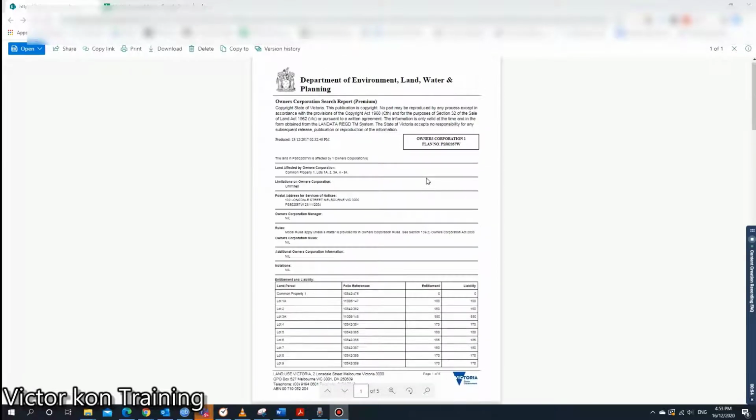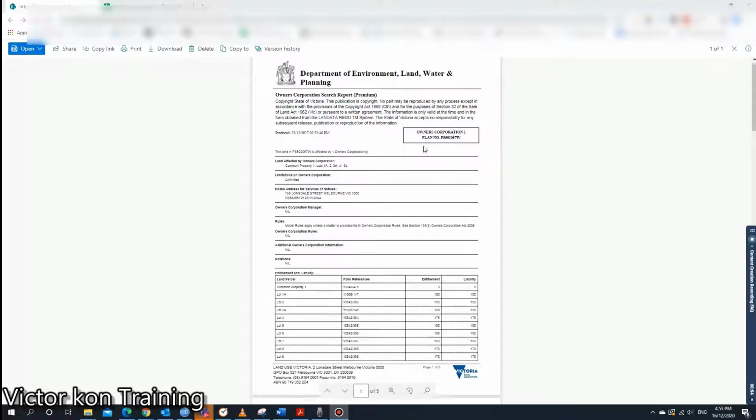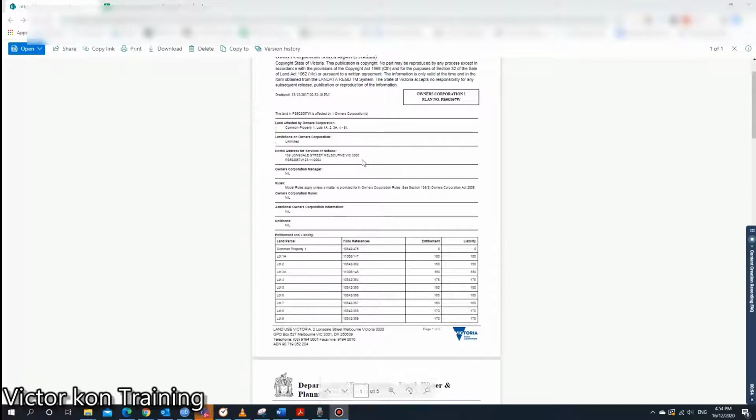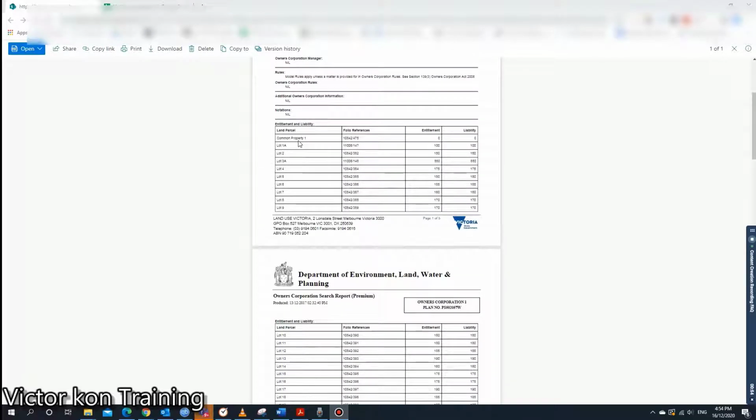So it will look exactly like this. Your owner's corporation number will be printed here. The address will be here, and this is one of the properties that I'm looking after. And then here, it will spell out numerically who owns what entitlement, and what their liabilities are.